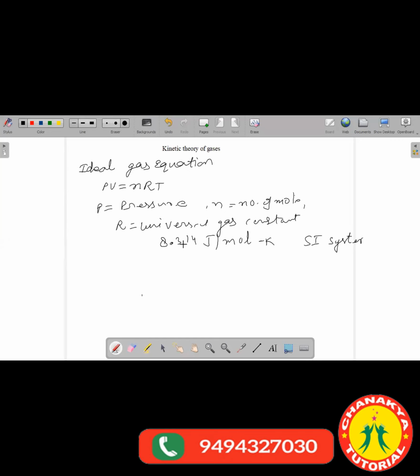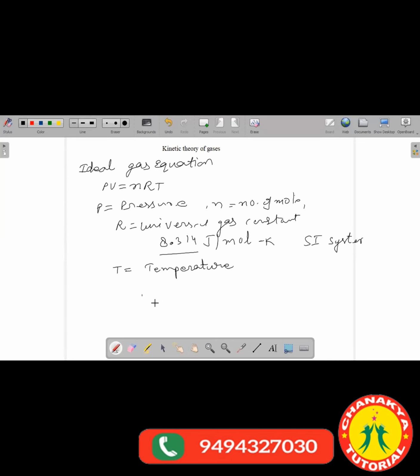If you use bar for the atmosphere, or torr for pressure, you will have a different value of R. But the mostly used is the SI system of units. Temperature is measured in Kelvin, so T is for temperature.